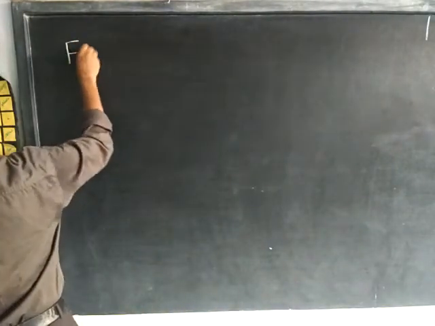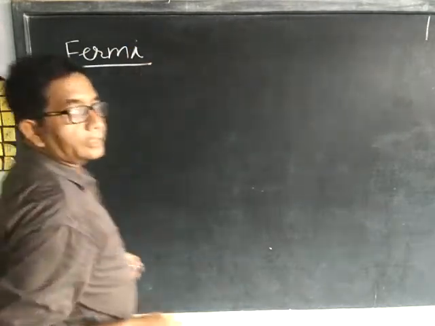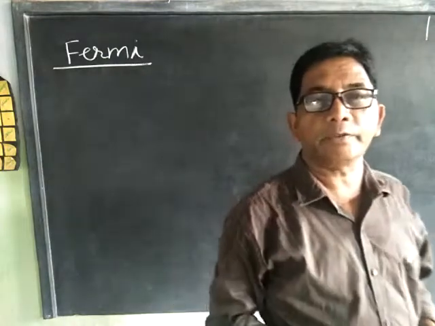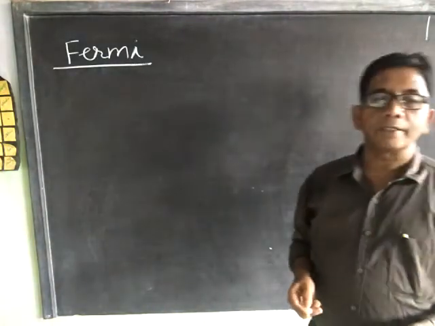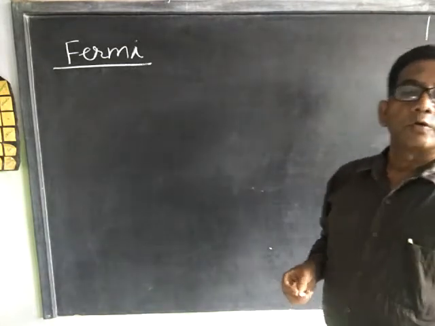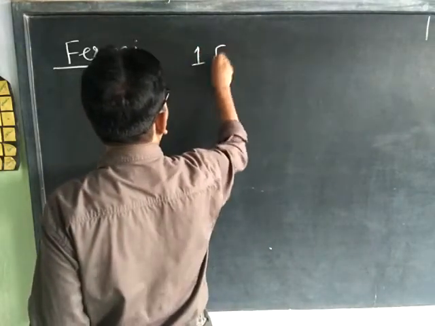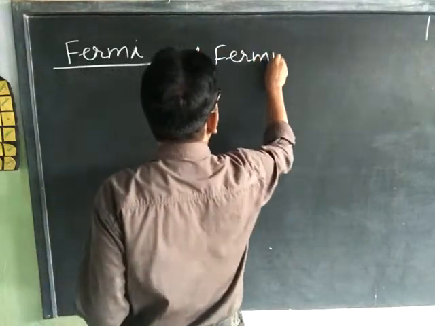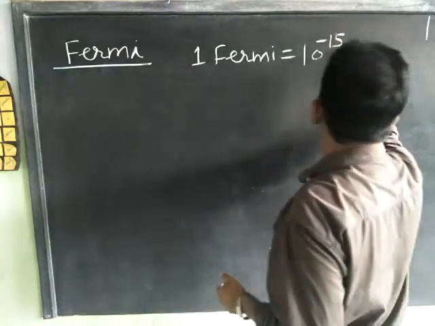F-E-R-M-I, Fermi. Now, one Fermi is equal to 10 power minus 15 meter.